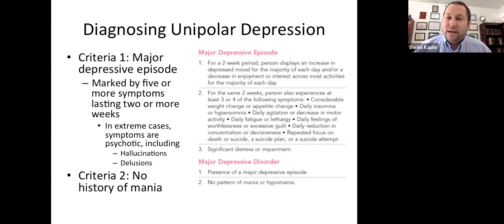But mania is an exclusionary criterion for just a single depressive episode or major depressive disorder. Now, in general, when you have these features, they're going to cause significant distress. They're going to interfere with one, if not more, aspects of a person's life. So they're pretty debilitating when you think about it.